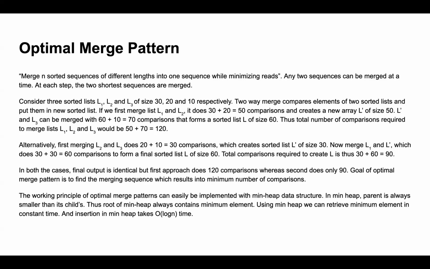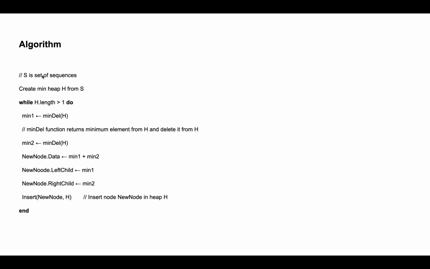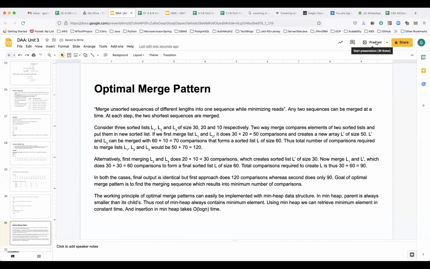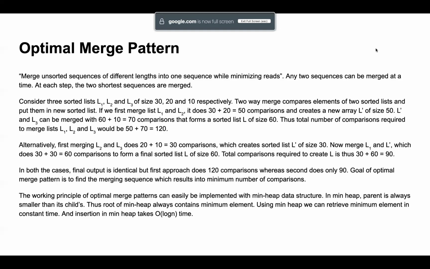Okay, what the optimal merge problem is: we are given unsorted sequences of different lengths to merge into one sequence, minimizing reads. It means we have to merge the sequences in such a manner that the reads are minimized.